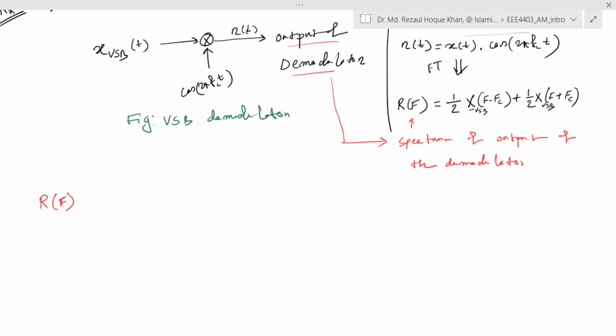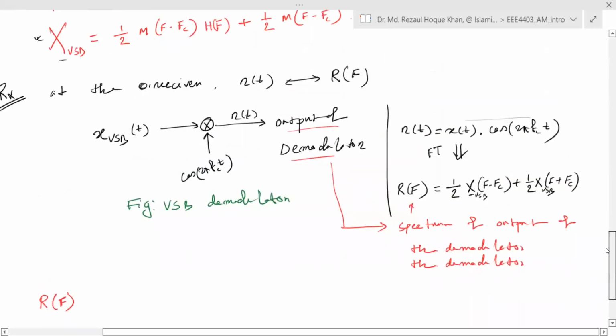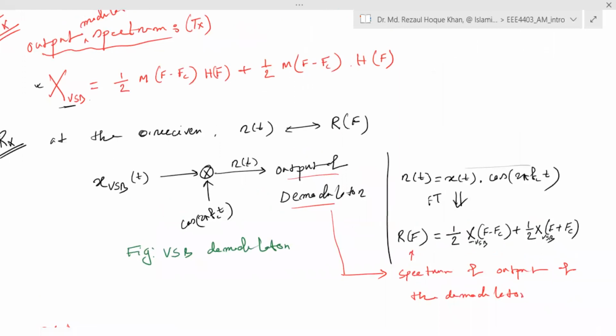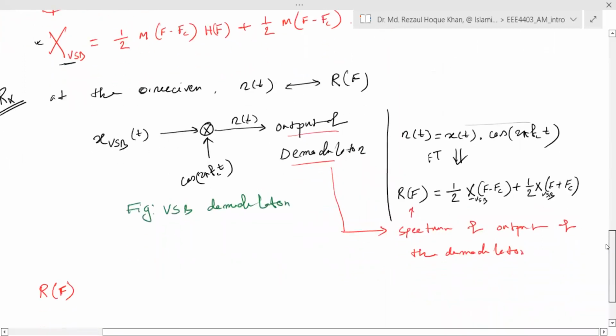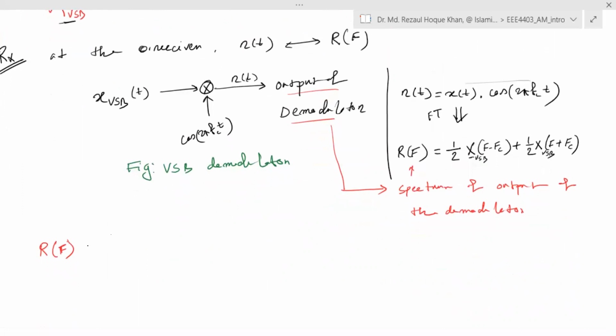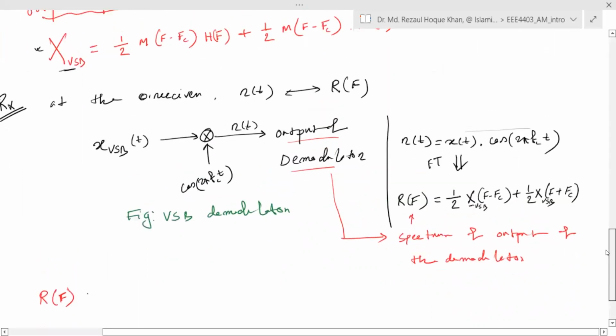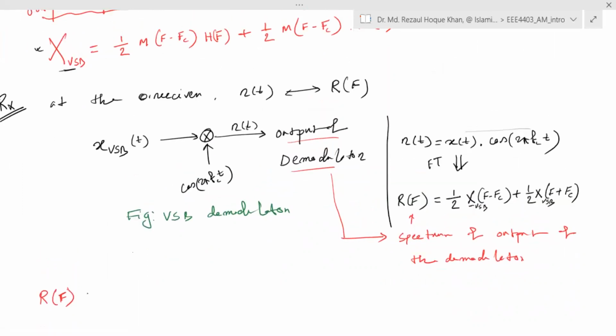We know this X, which we will replace using the earlier equation. So what do we find if X is replaced by this one? What we find is half.